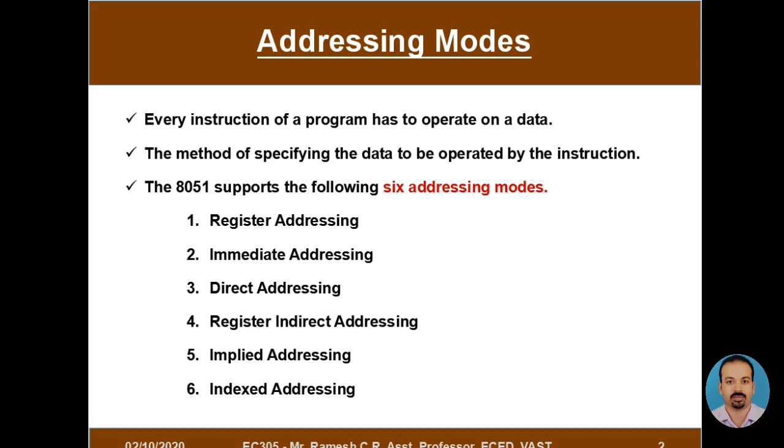And the last one, which is the index addressing mode, is basically the configuration of the instruction that is accepted by the 8051 microcontroller when it needs to access some data or address or some instruction from the externally interfaced memory chip.